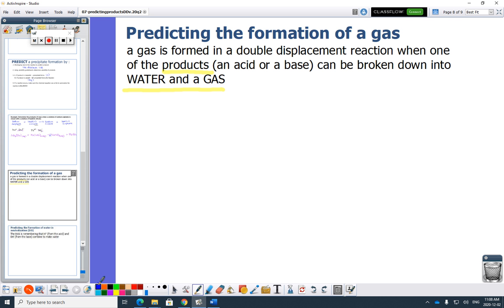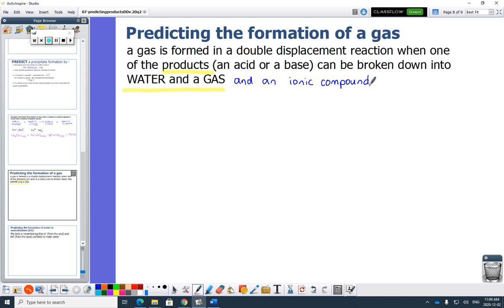So we're going to do sodium carbonate plus hydrochloric acid reacts to produce water and a gas. And I'll even be more specific usually. So if you want to add that in there, and an ionic compound. Okay, so I'm trying to give you a clue. This is a weird reaction. It's going to make water and a gas.